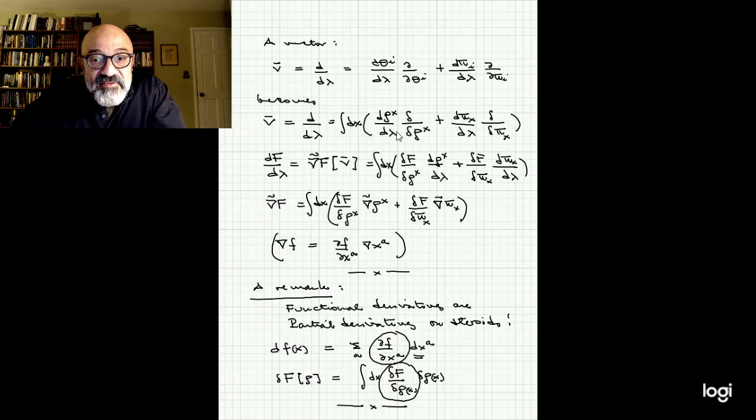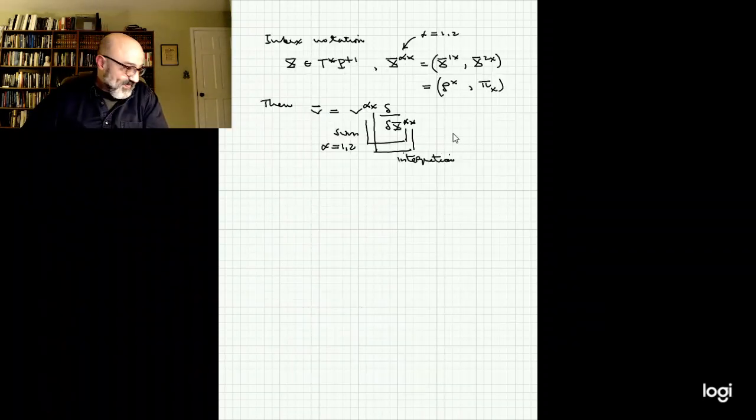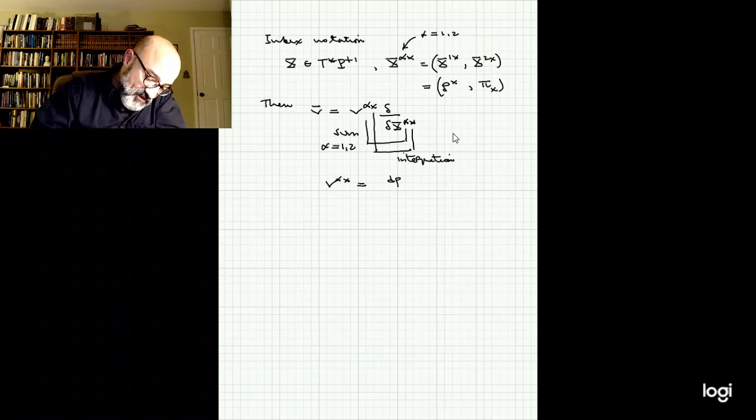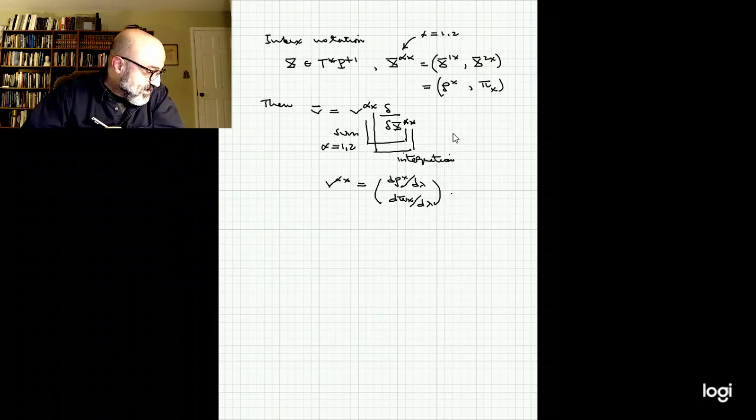This is v1x, and this is v2x. We can write it as a vector d rho x d lambda, d pi x d lambda. Very good.